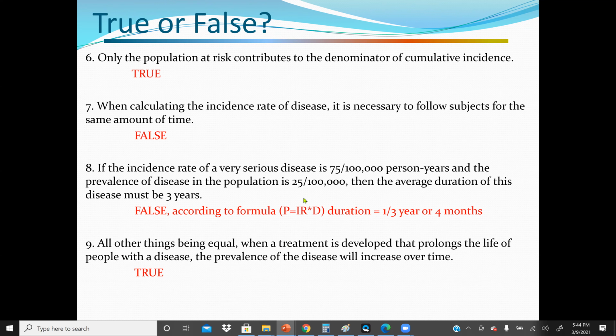Also, we know that prevalence equals incidence rate times disease duration. So to find disease duration, it will be prevalence divided by incidence rate. The prevalence here is 25 per 100,000 and the incidence rate is 75 per 100,000. So it will be 25 divided by 75, which gives us 1/3.